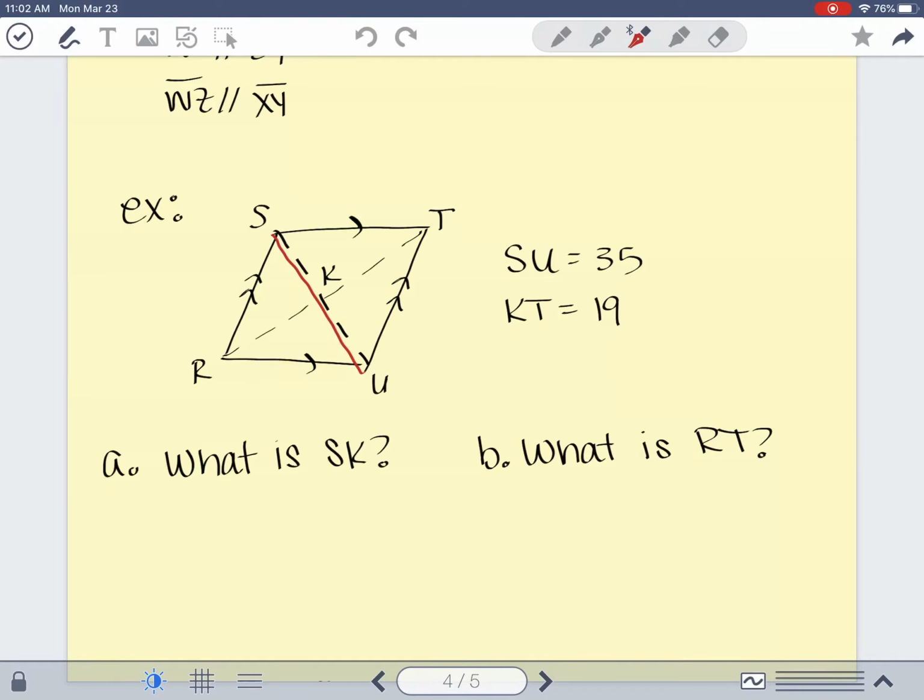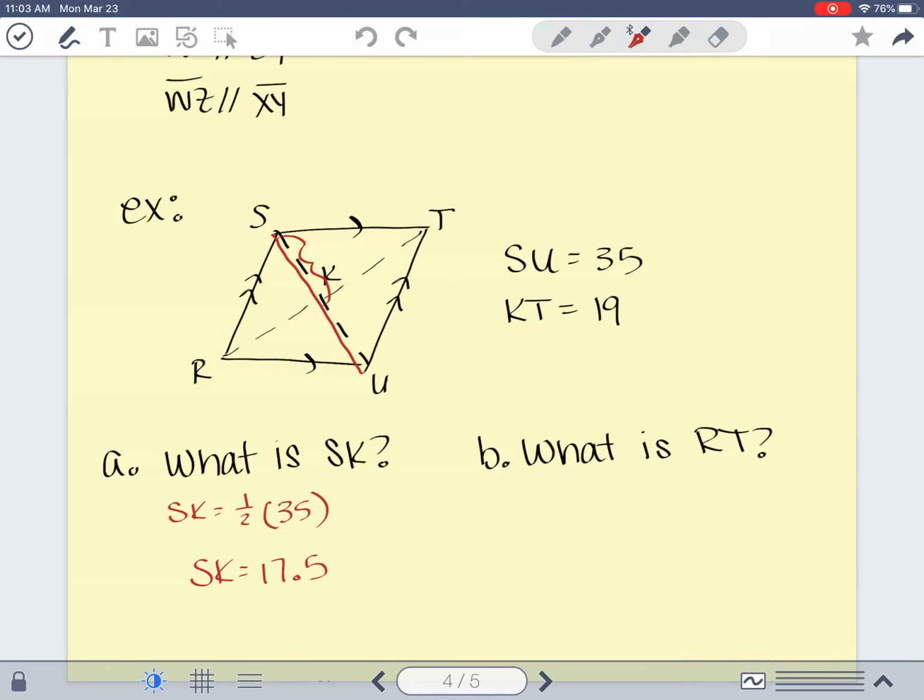We know that SU right here is 35. So SK right here is going to be half of that. So SK is half of 35, so SK is going to equal 17.5.